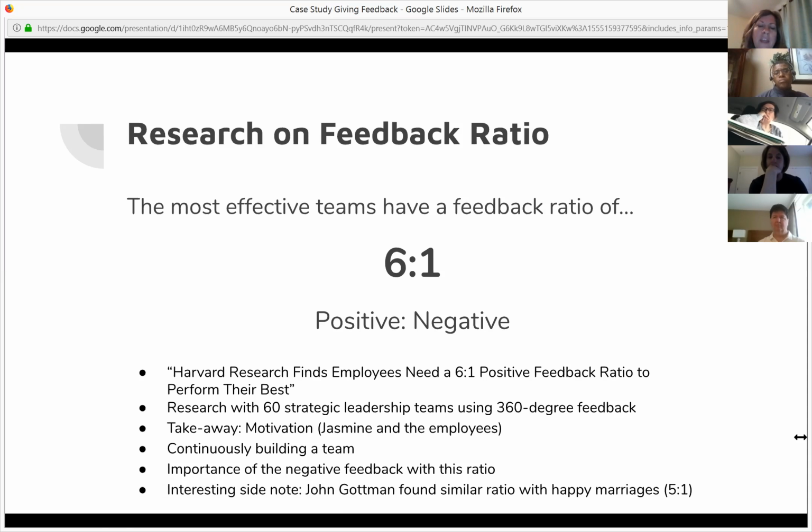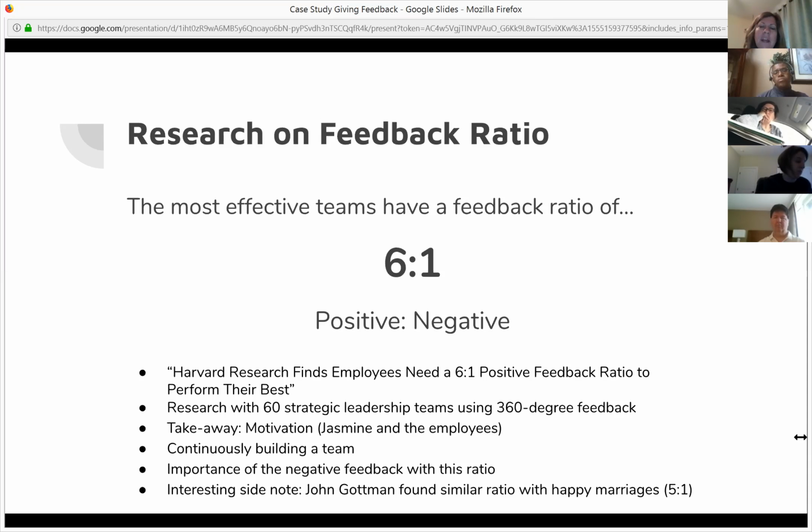They found that, and it was like 5.9 something, but they rounded it up to 6 in the article. It said the most effective teams have a feedback ratio of 6-to-1, positive to negative. And they also had the ratio of the least effective teams, what that ratio was. And they did this with 60 strategic leadership teams using 360-degree feedback. So it was really fascinating.